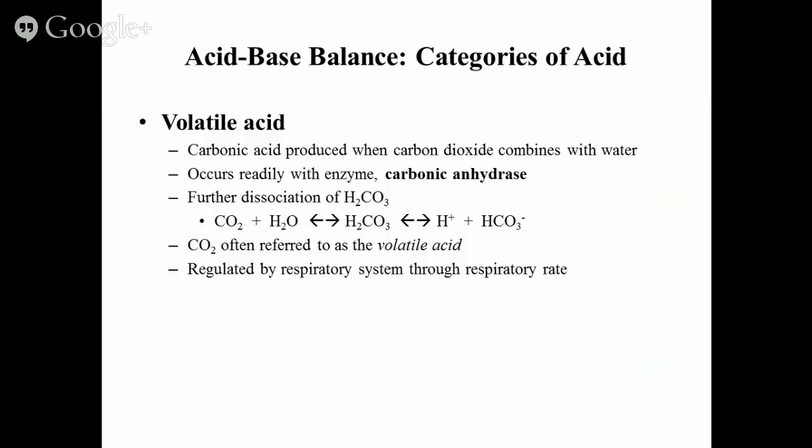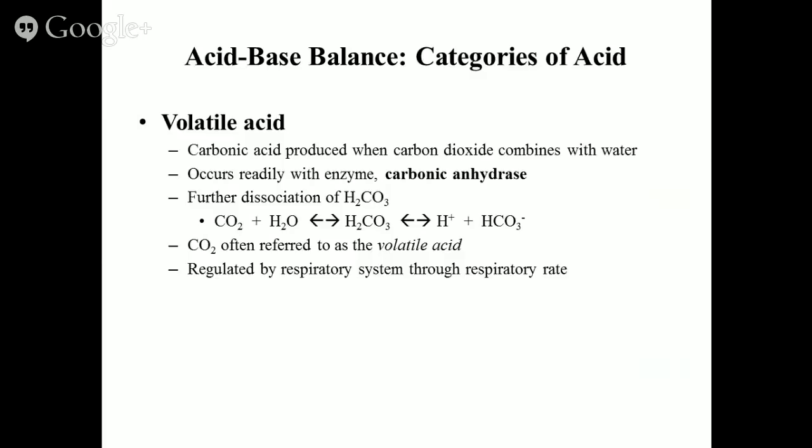Now, volatile acid is something like, for example, carbonic acid, all right? It's produced when carbon dioxide combines with water. Now, this is a completely reversible reaction thanks to the enzyme carbonic anhydrase, which we readily have on hand in the body.